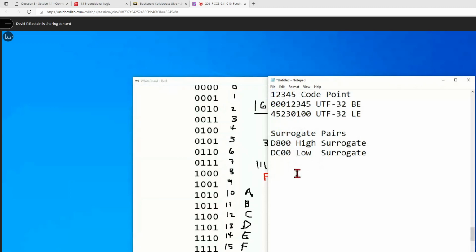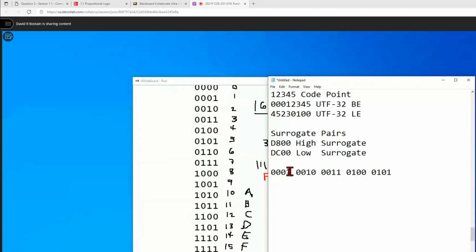So if I write this out in binary, 0001, 2, 3, 4, 5. So the numbers are significant up to this point.